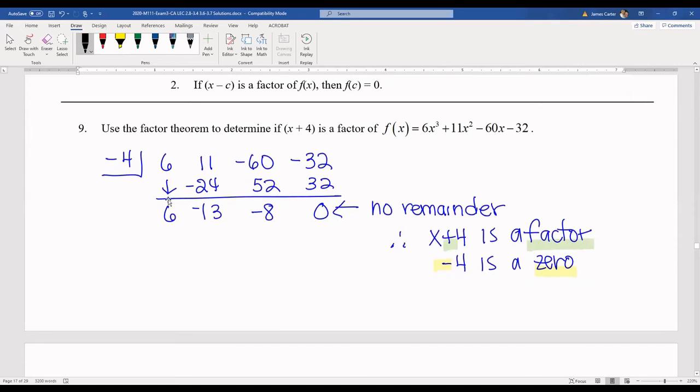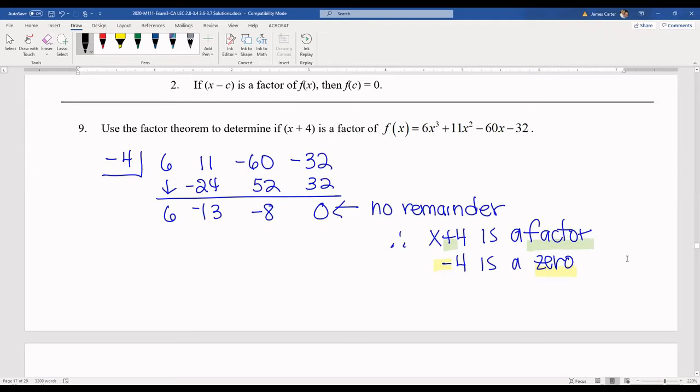Okay, over here, first we check, do we have any missing terms? No. And they're checking to see if x plus 4 is a factor. Well, we go through this, bring down, multiply, add. Multiply, add, multiply, add, 0 remainder. So x plus 4 is a factor of this thing, okay?